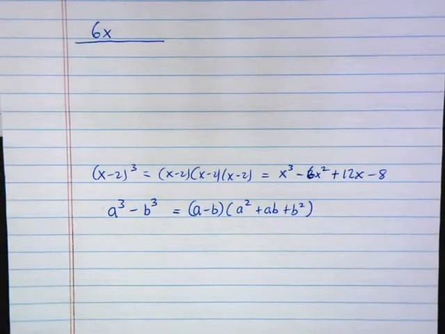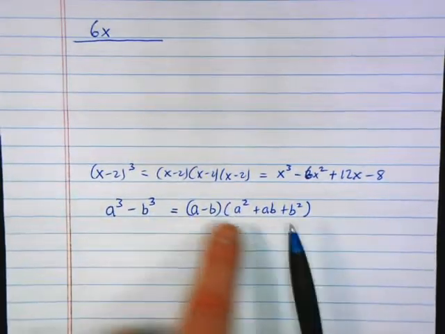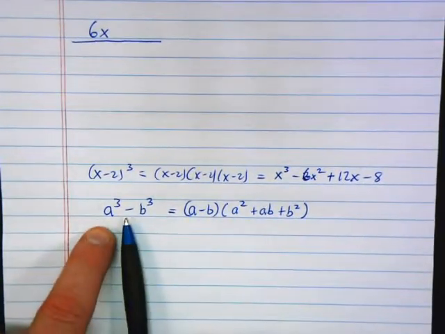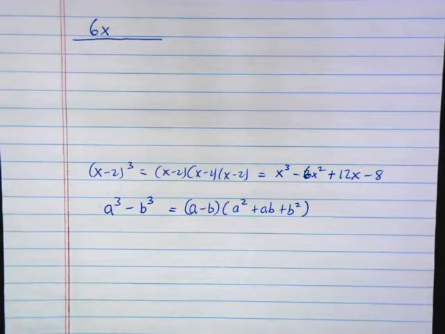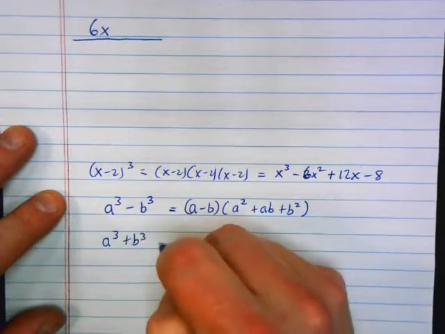That's how that factors. If you don't believe me, come over here to the right-hand side, distribute, combine all your like terms, and you will get that back. And just in case you need it, there's one that looks the same except it's got a plus in the middle.